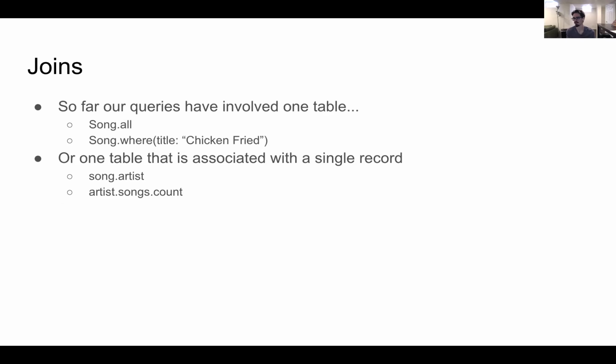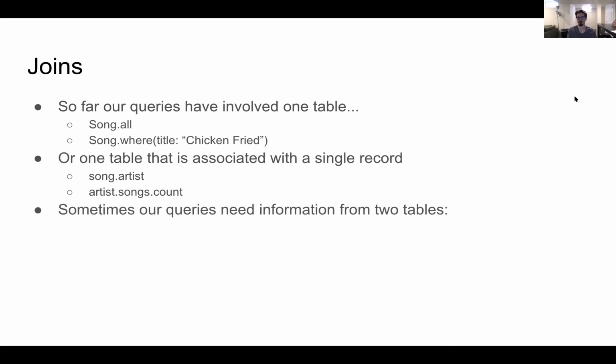There's songs and artists in those queries, but notice that we're only dealing with one record from one of those tables. For song.artist, we're dealing with a single song. For artist.songs, we're dealing with a single artist. Multiple songs, but still just one artist. So that's what we've done so far in class. These queries so far do not need joins. These are non-join necessary queries.